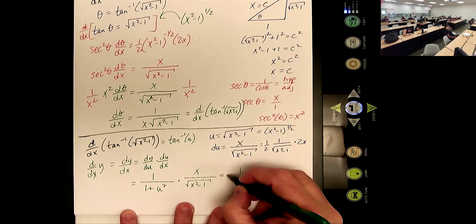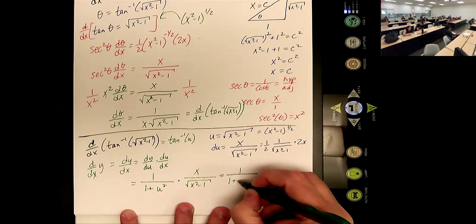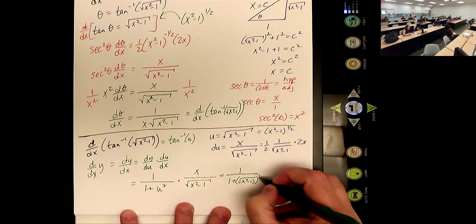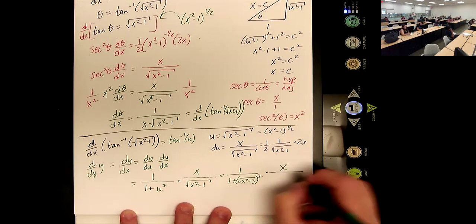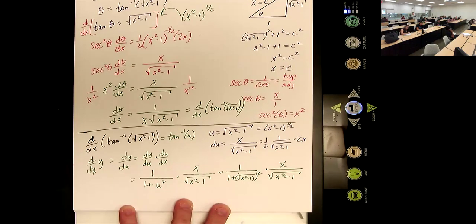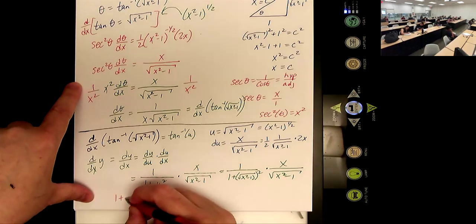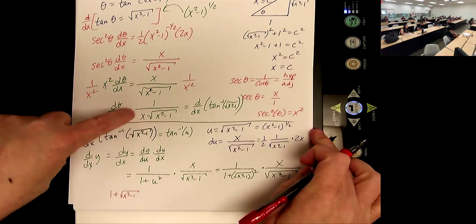So if I put u back in, I got 1 plus square root of x squared minus 1 squared, times x over square root of x squared minus 1. So we look at that 1 plus square root of x squared minus 1 squared. We know it cleans up to this, we just gotta show that it does.